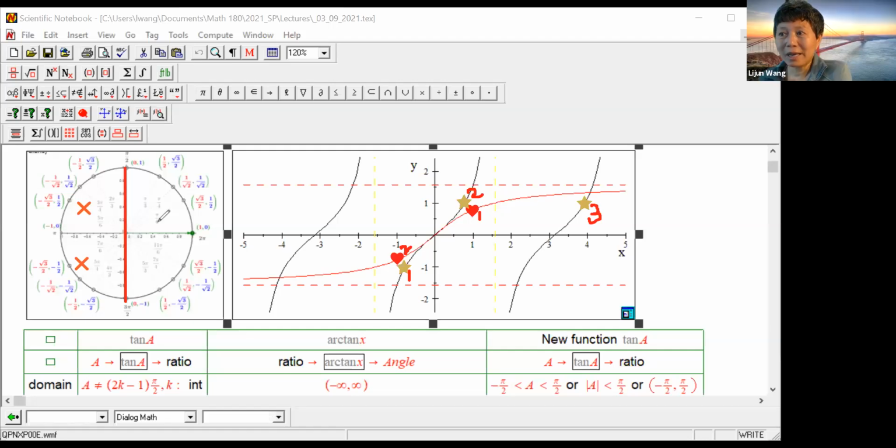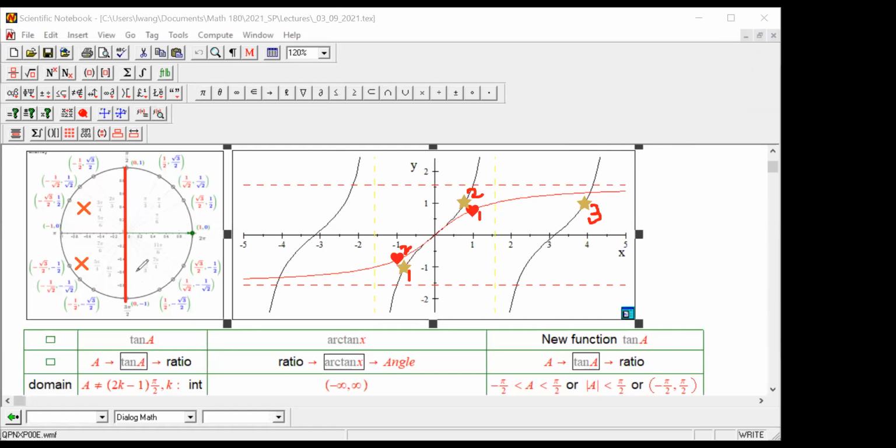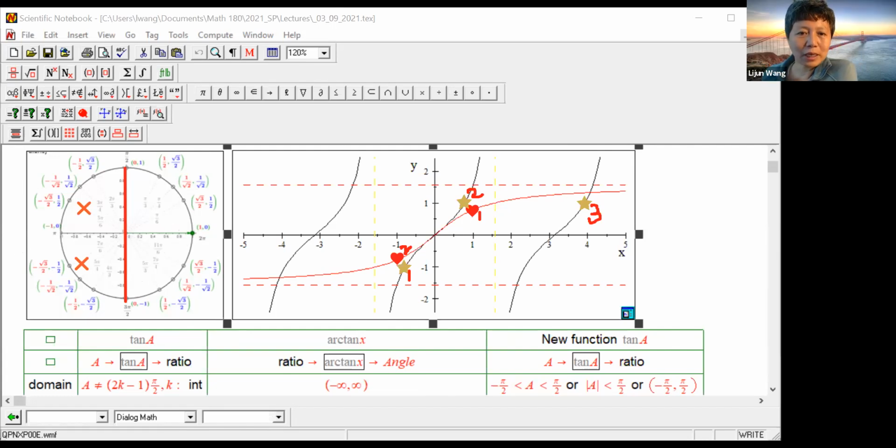Yes, if it's a negative ratio, it's going to be a negative angle. Your angle is always measured from the standard position. If it's a positive ratio, it's going to be in the first quadrant. A negative ratio is going to be the fourth quadrant, so the angle will be measured from the standard position clockwise. Got it. Clockwise. That's right.